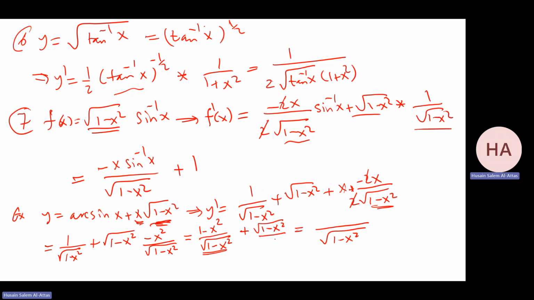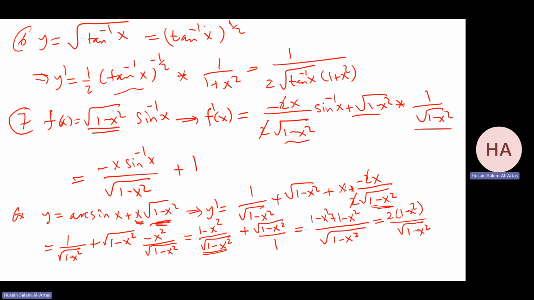I just unify the denominators. What will happen? 1 minus x squared plus 1 minus x squared. And that gives me 2 times 1 minus x squared over the square root of 1 minus x squared.